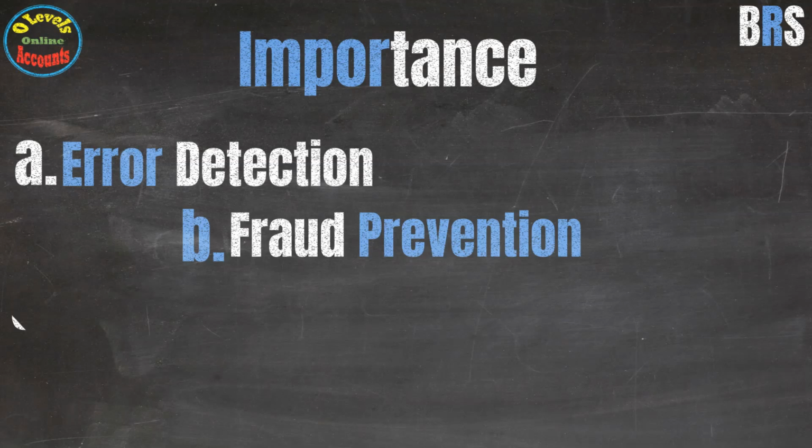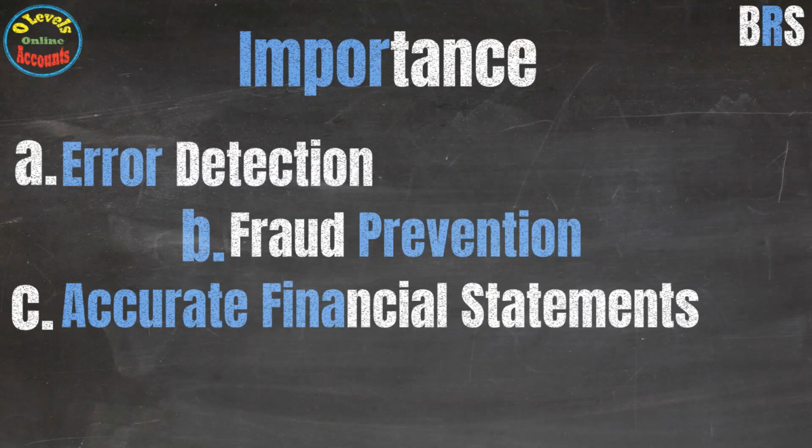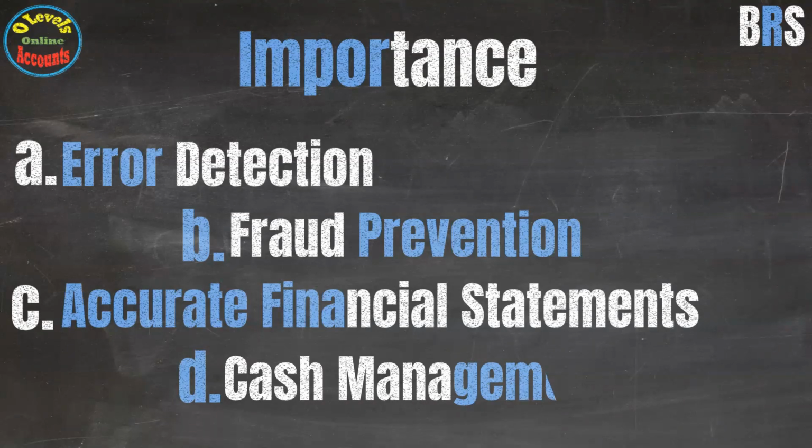The third importance is accurate financial statements. By reconciling the bank statement with the cash book, the business ensures that the financial statements reflect true and accurate information. And the final point is cash management. BRS provides a clear picture of available cash, which aids in better cash flow management.